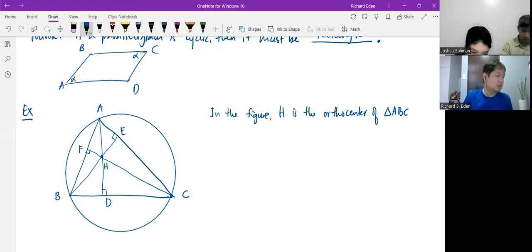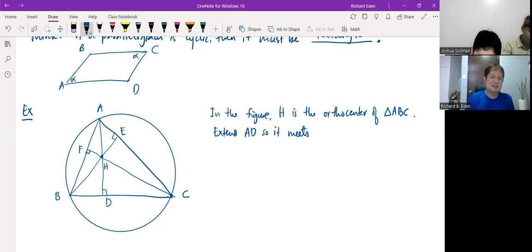H is the orthocenter of triangle ABC. Extend, I think, AD, so it meets the circle.